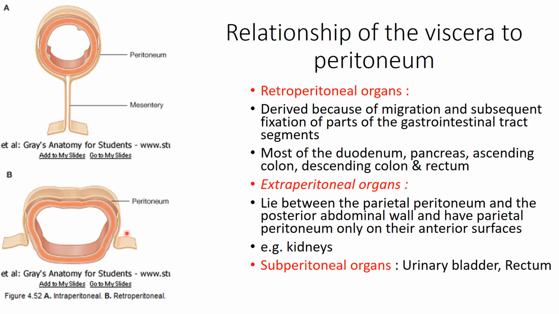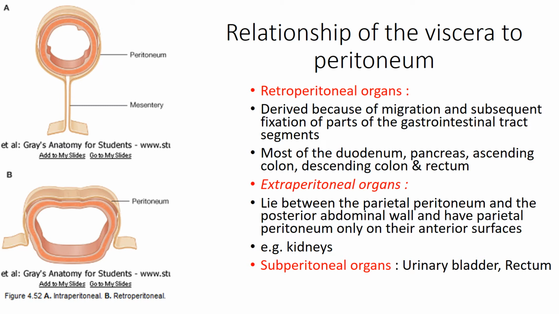And third is the extraperitoneal organs. They lie between the parietal peritoneum and the posterior abdominal wall, and they have only the parietal peritoneum on their anterior surface. An example includes the kidneys.